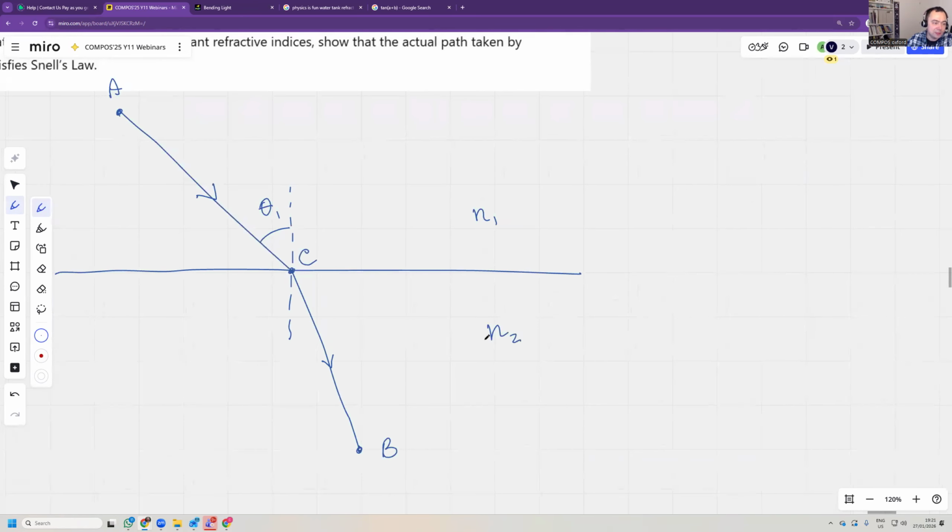Maybe I haven't mentioned it, but the speed of light v is equal to c divided by n, where c is the speed of light in vacuum and n is the refractive index.